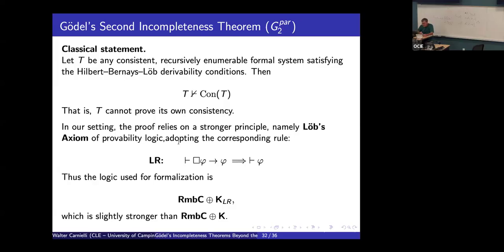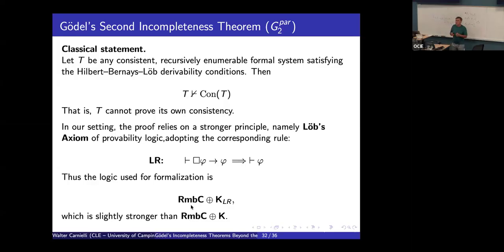Just to give an idea, in our setting, the proof relies on a stronger principle, named Löb's axiom in provability logic, adopting the corresponding rule. If I prove that square phi implies phi, then I prove phi. I mean, this is Löb's axiom in a rule formulation. I will need a stronger logic to get the second theorem.